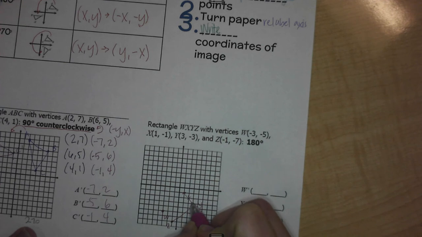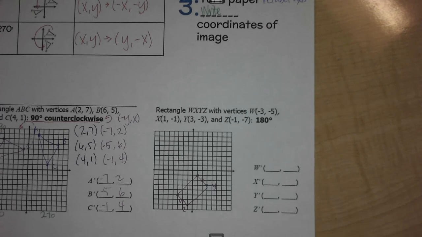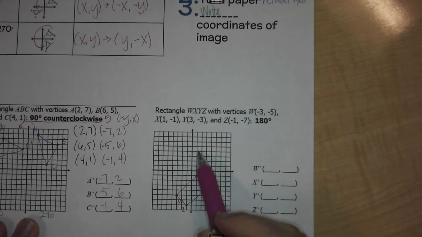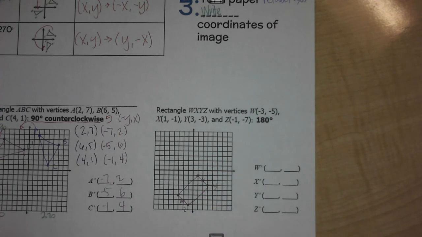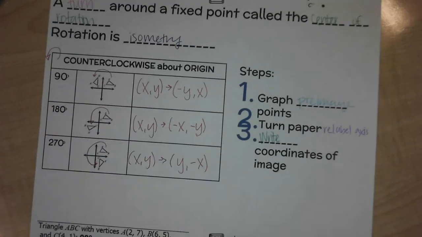All right, we got this rectangle and we want to go 180 degrees. You see how it doesn't tell us which way to go, counterclockwise or clockwise. Here's one thing that you can notice: it doesn't matter which way you go 180 degrees, you're going to end up in the same spot. So I wonder what it means about this rule.